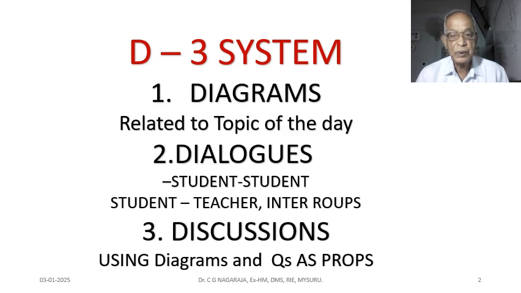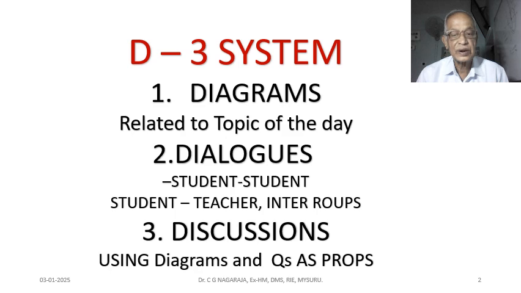And then based upon the diagram, you will have to use a number of questions on the diagram, and that will lead to small dialogues. Dialogues may be right or wrong.